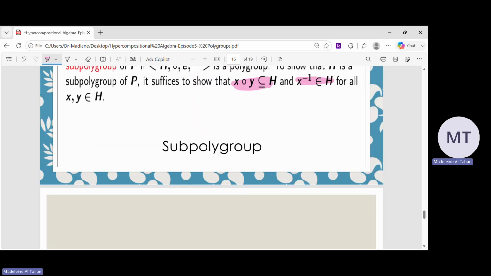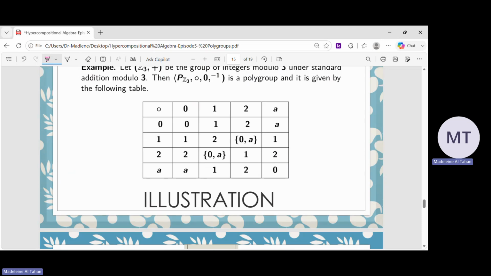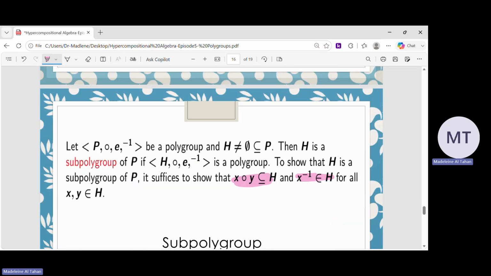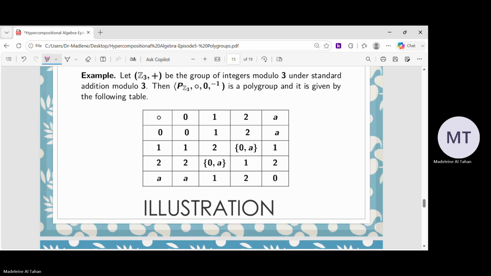We can take an example together. So if you want, we can take this example and try to find some subpolygroups of it. So let me just do it here. Now, if you look at the identity only, it is a subpolygroup.